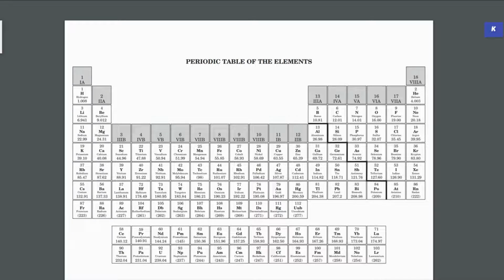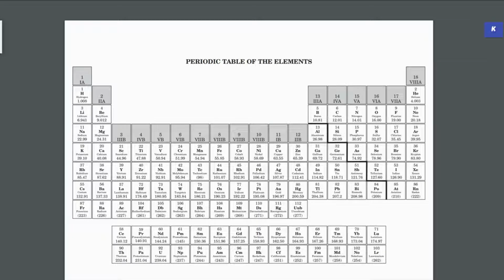Another thing that they have in common is that each of the different periods is going to show you how many electrons you will have in the energy shells. In this case, as we know with hydrogen, it only has an atomic number of 1. So in that first energy shell, it's going to have just 1.